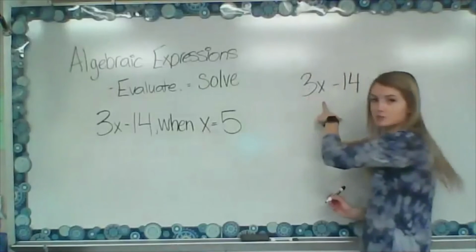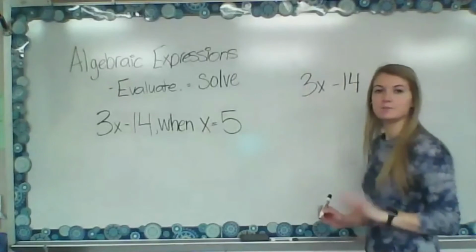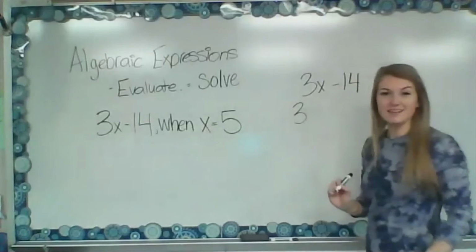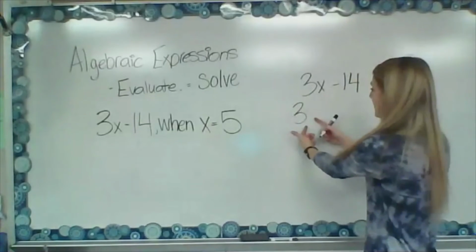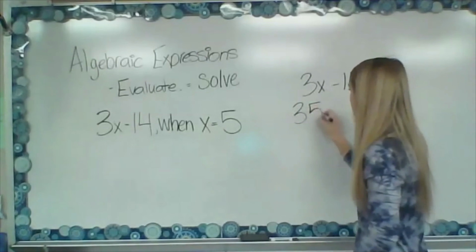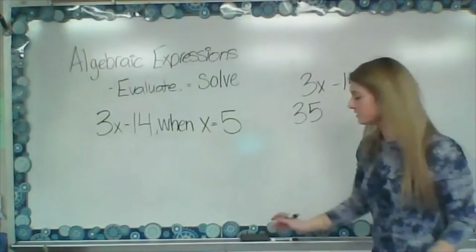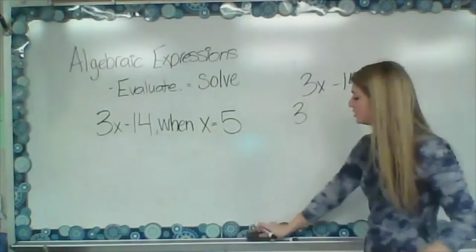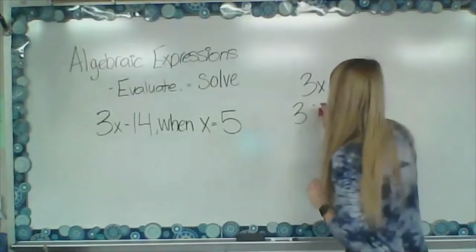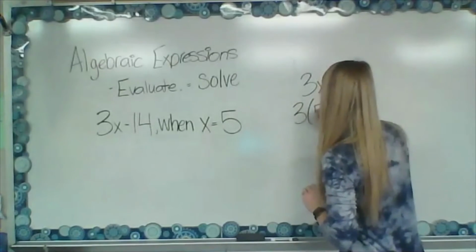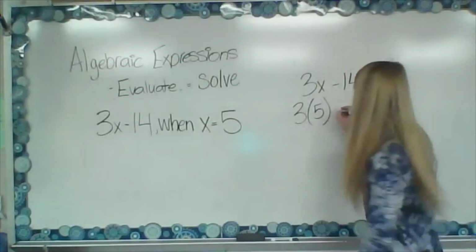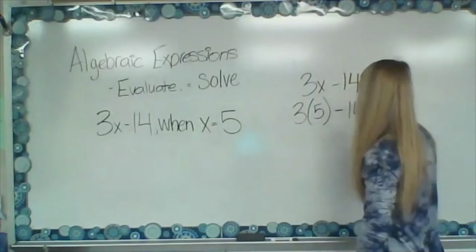So where there's an x, we're going to put 5. Now, let me show you a trick. We're going to write down the 3. And because they're right next to each other, if I put 5 here, that looks like 35. No one's going to know we need to multiply. Two numbers next to each other means multiply. So what we should always do is put this in parentheses. 3 times 5 minus 14.